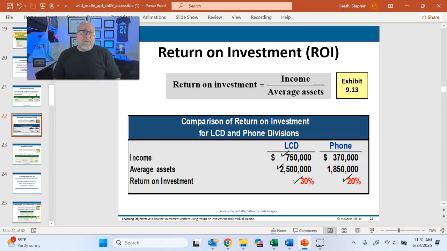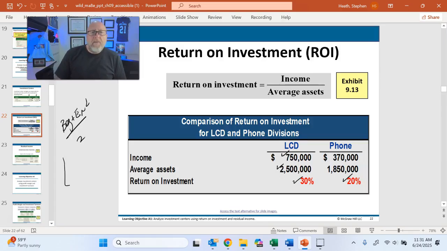Two things real fast. First, the formula for average assets is going to be the beginning balance plus the ending balance divided by 2. Okay?